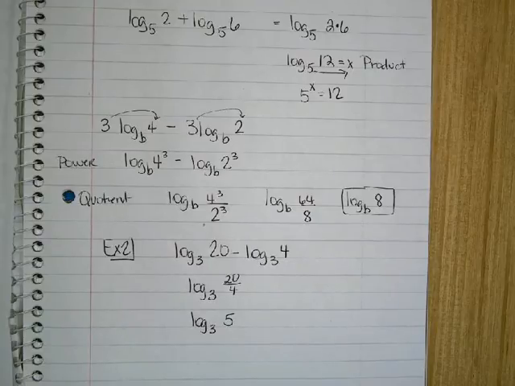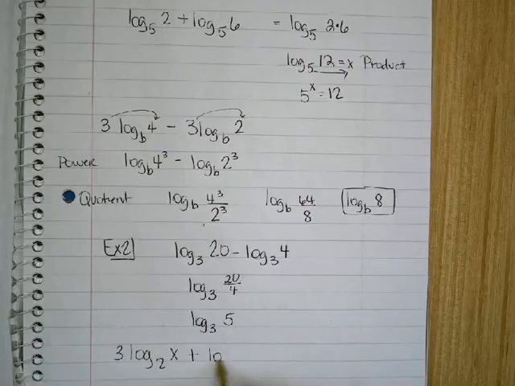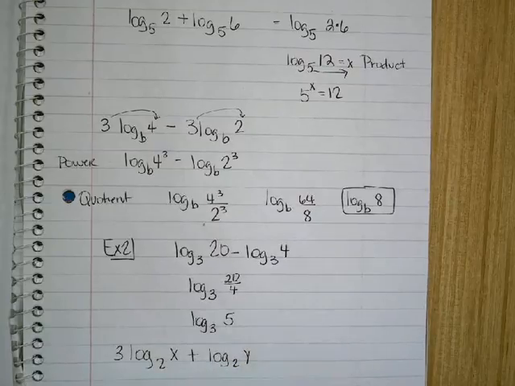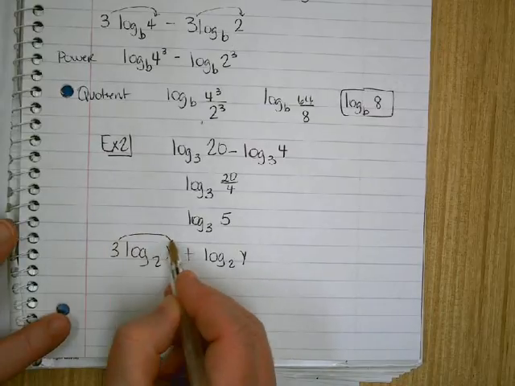You ready? The next one says 3 times log base 2 of x plus log base 2 of y. You're going to have to do 2 steps on this one. What's the first step? Take your power, put it back where it needs to be, so that needs to be moved there.